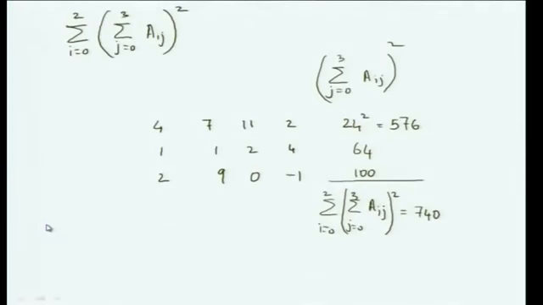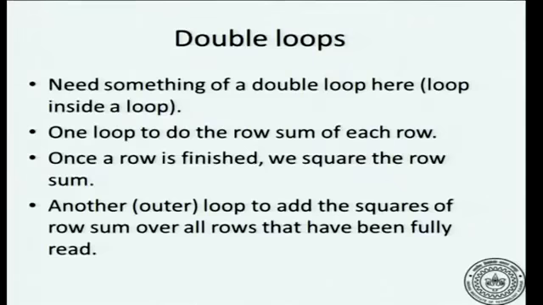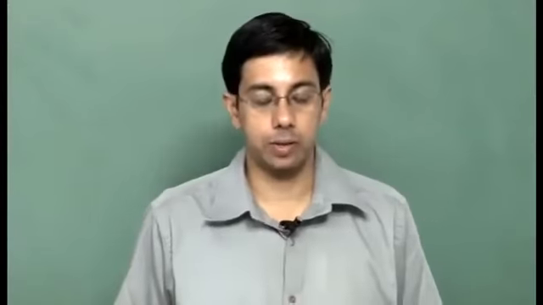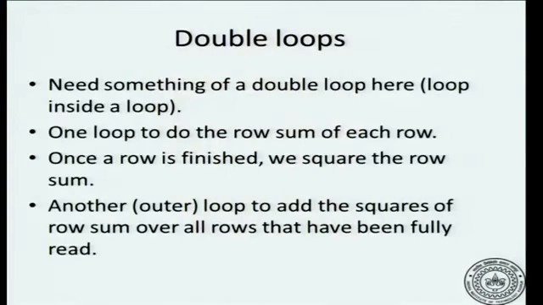So we will see how we will code this up. What we need here is something called an inner loop or a double loop. We need a loop inside a loop. Now the inner loop is doing what we did first. It is taking a row and adding all the numbers in that row, then squaring it. So we need one loop to do the row sum of each row.